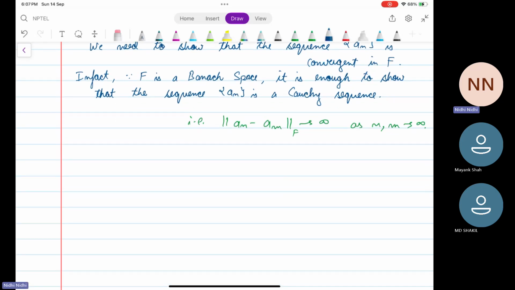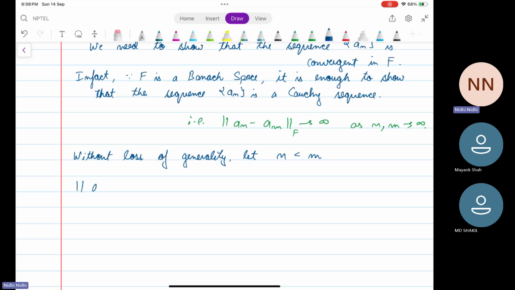So now let m and n be two natural numbers; without loss of generality, let n be strictly less than m.